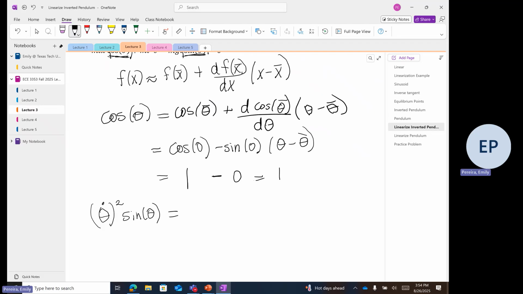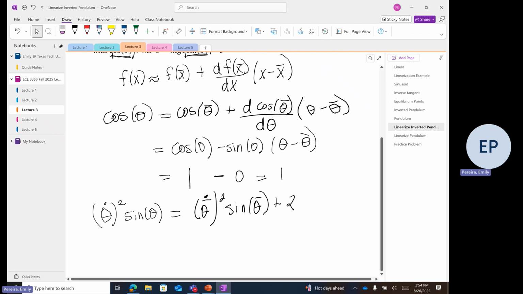So this is equal to theta bar squared sine of theta bar plus 2 times, so for the derivative of this we actually need the chain rule.